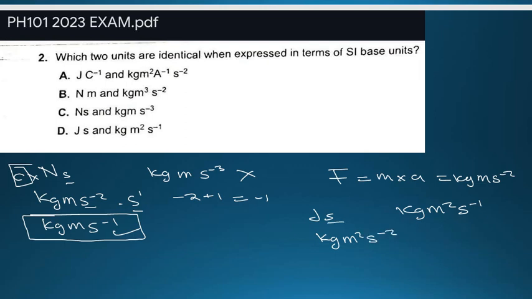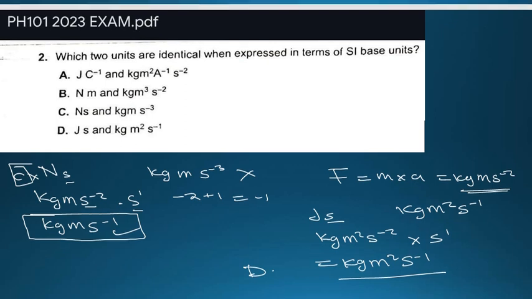Then seconds, we multiply by seconds. So our kg now is meter squared. Here we have a silent 1, so it is negative 2 plus 1. We are going to have negative 1. Now you can see that this is the same as this. So our right answer is D. As simple as that. Very simple. We keep moving, guys.